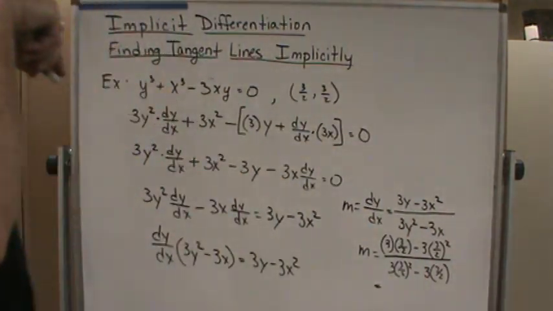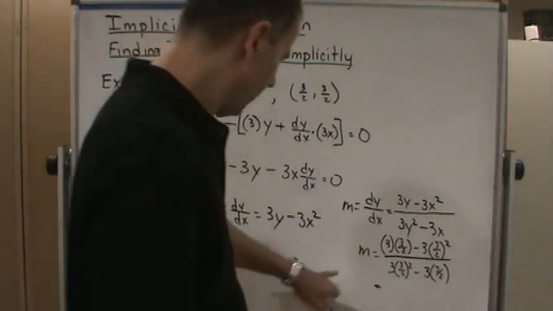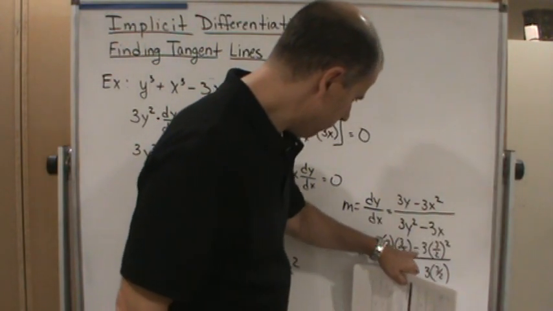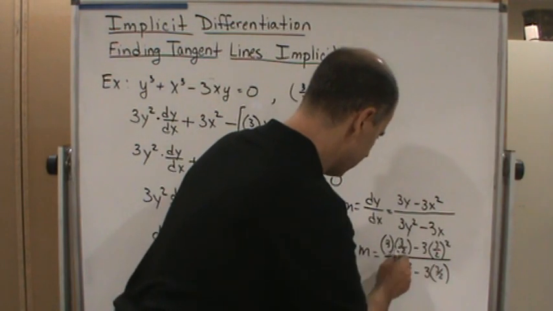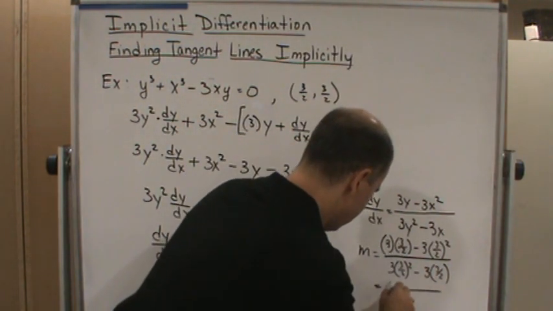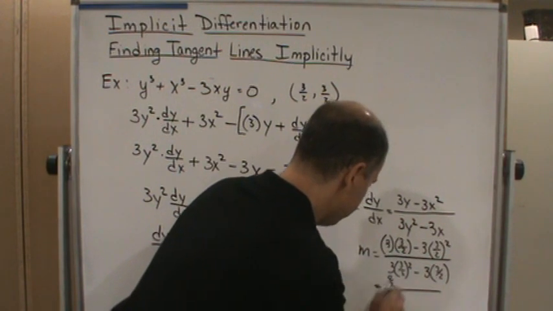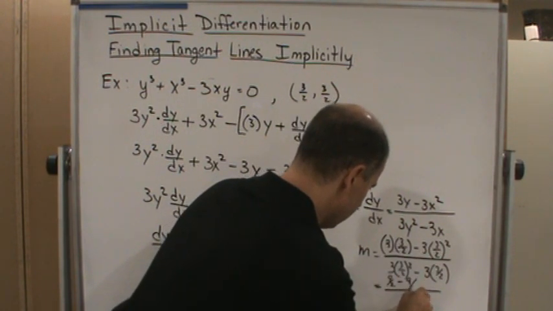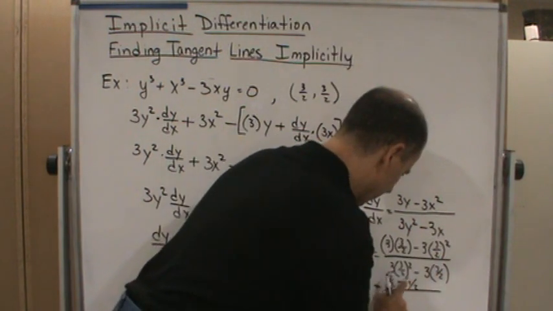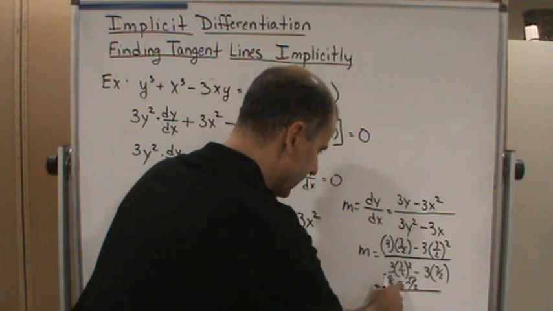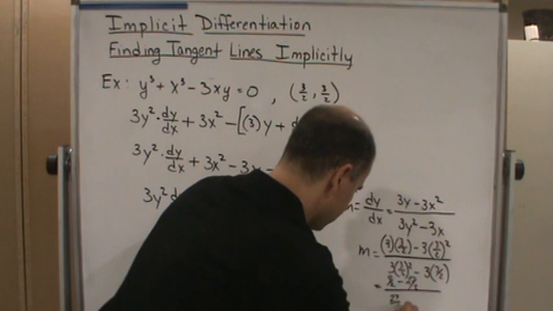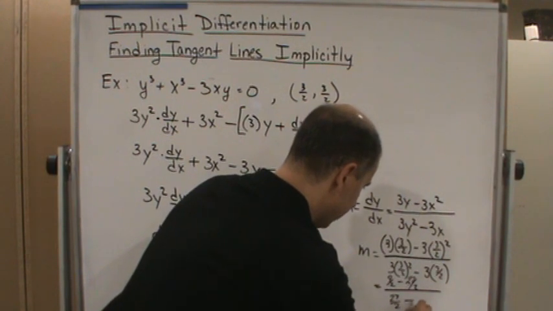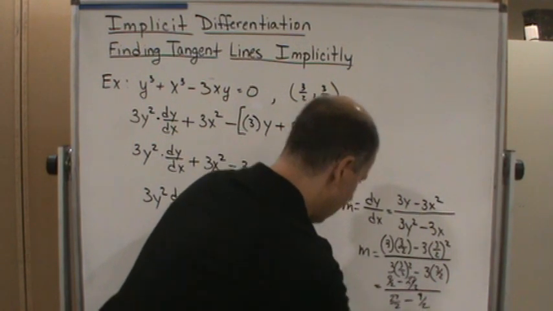Okay, so what do we do? What do we get? Well, we're going to get 9 halves minus 27 halves at the top, right? Because this is, so this is going to give us what? 9 halves minus, no, not 9 halves, 27 halves. So it's going to give us 9 halves minus 27 halves on top, and it's going to give me 27 halves minus 9 halves on the bottom.